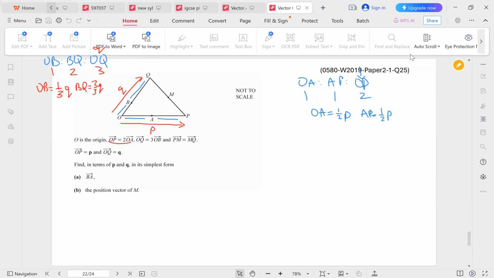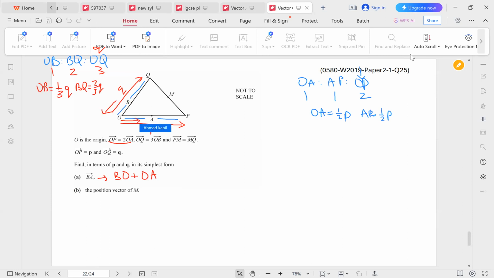Now, let's try to solve the actual problem now that we have everything we need. We want BA, so to go from B to A, this would mean that we'll go from B to O plus OA. So to go from B to A, we will go in this direction, followed by this direction here.